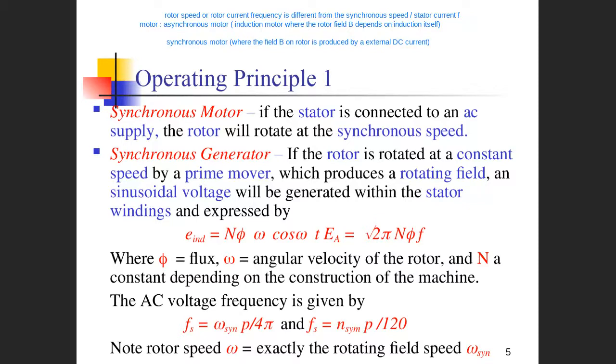So for the induction motors, obviously the rotor speed, or we say the rotor current frequency, is different from the synchronous speed, or we say the stator current frequency, right?